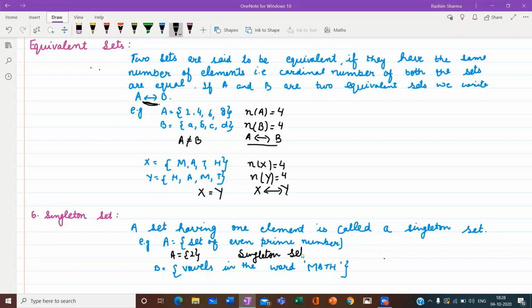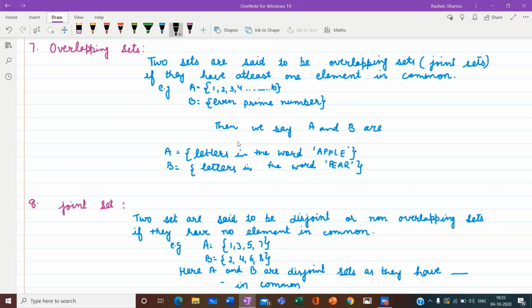Now here in another example, vowels in the word math. Here also we can see there is only one vowel in this word, A. So this B is having only one element A. So this is also a singleton set.